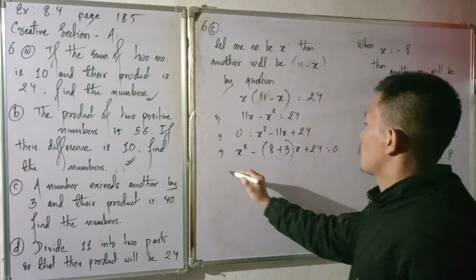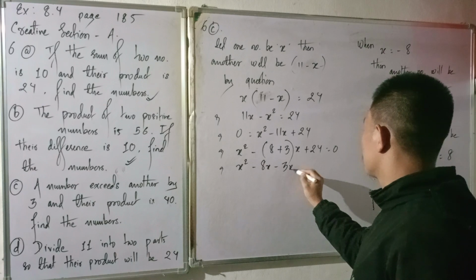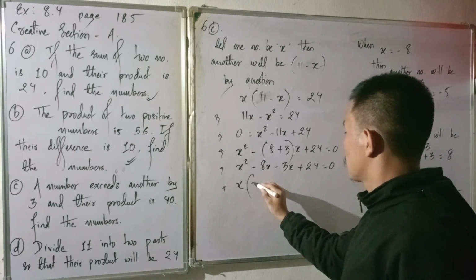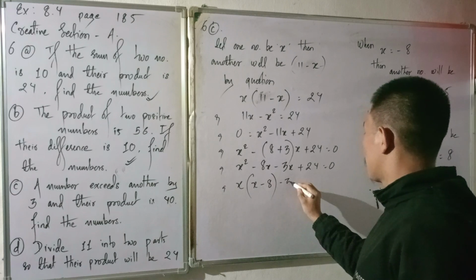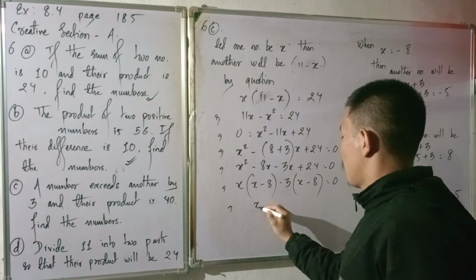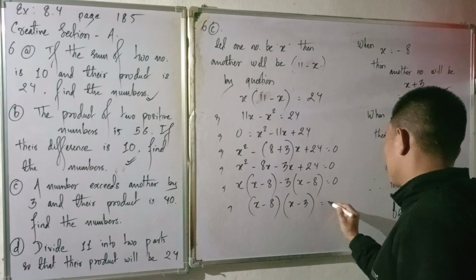Now you do x squared minus 8x minus 3x plus 24 equals 0, or x times x minus 8, take minus 3 common, x minus 8. Now x minus 8 times x minus 3 is equal to 0.